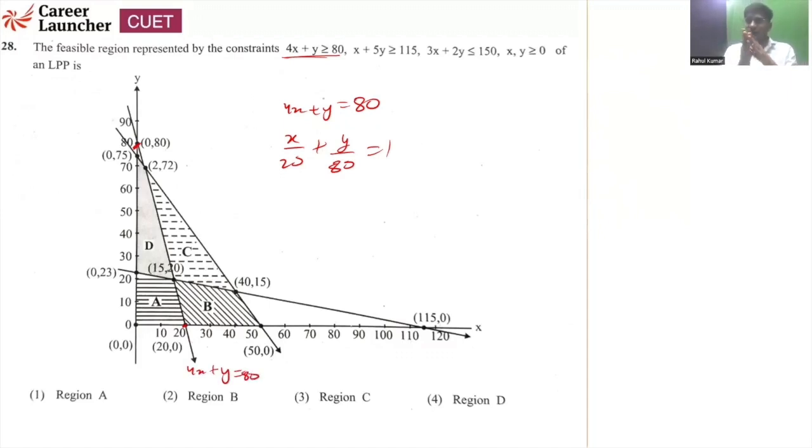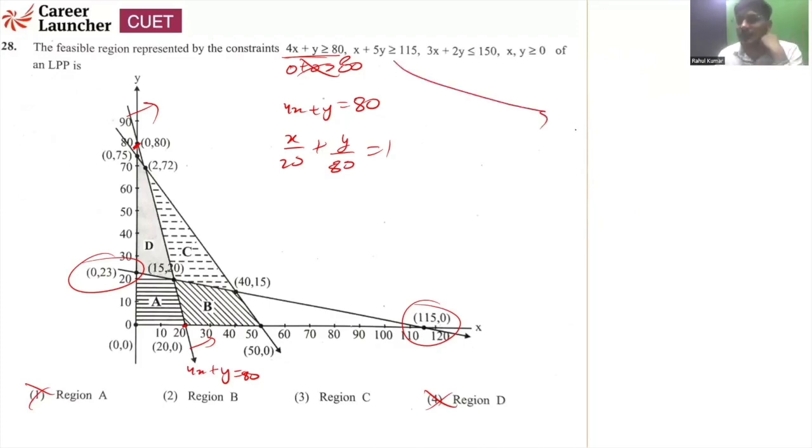Now we'll check whether the region is towards the origin or away from the origin. So 0 plus 0 is greater than 80. This is a false statement. So the region is away from the origin. So region A and region D can't be the answer. Now this line will decide what our answer is. So 115, where we can see it, that will be our main line. So this is our main line.